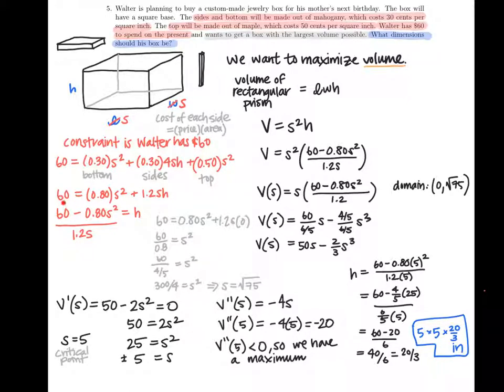And so 60 allowed us to describe one dimension of the box in terms of the other, which updated our function of 2 variables into a function of 1 variable. By thinking through what the various extremes would be, we got our domain in place. And then we were able to apply the first derivative analysis to find a critical point within that domain and then test whether that critical point corresponded to a maximum, and then finally answer the original question.